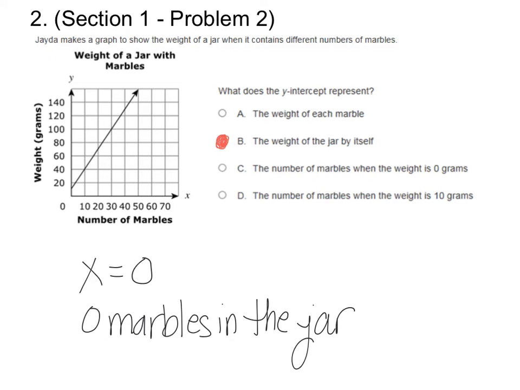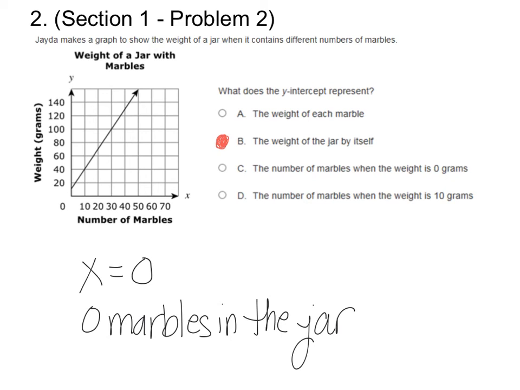And D is the number of marbles when the weight is 10 grams. So the weight of the marbles, well, at this point there are 0 marbles in the jar. So D doesn't make sense because it's not giving me the number of marbles when the weight is 10 grams. I do think this is a little bit confusing because to me this looks like the weight of just the jar by itself is 10 grams.